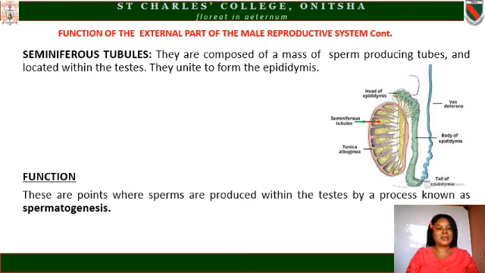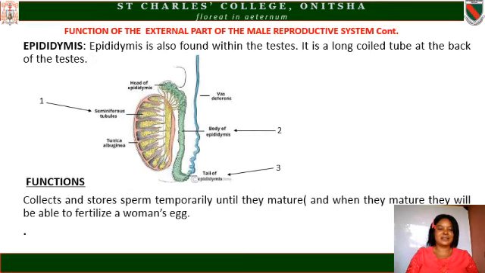Now, the function of seminiferous tubules. These are points where sperms are produced within the testes by a process known as spermatogenesis. Spermatogenesis is the origin and development of sperm cells within the testes.